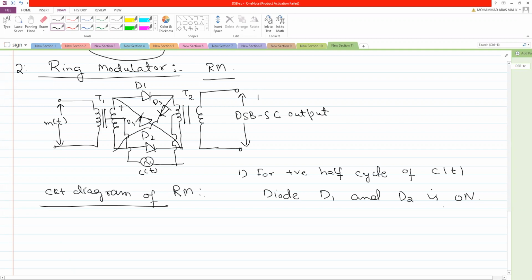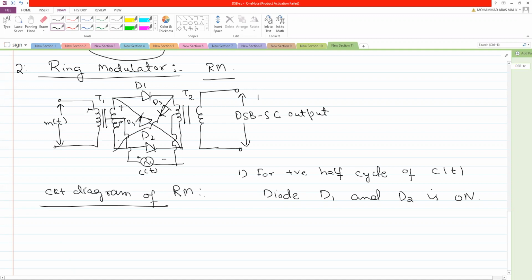For the positive half cycle, this is considered positive, this is negative, and similarly this will be positive and negative.